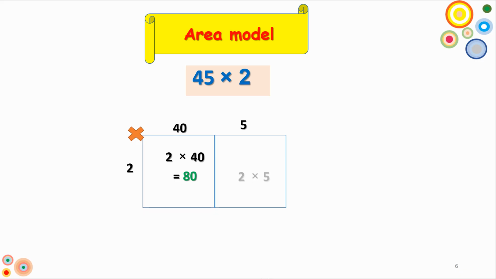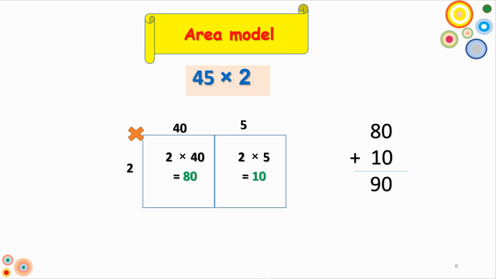2 times 5 equals 10. So 80 and 10, yes, 90. So 2 times 45 equals 90.